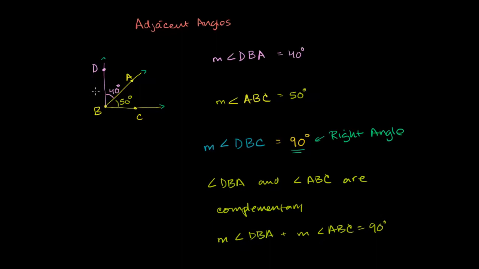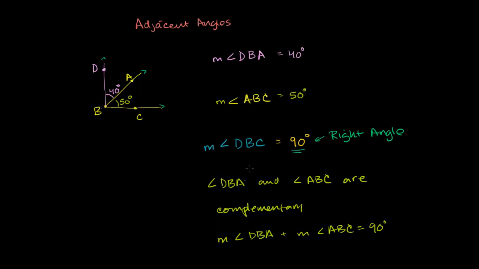And just as another point of terminology that's related to right angles, when a right angle is formed, the two rays that form the right angle, or the two lines, or the two line segments that form that right angle are called perpendicular.